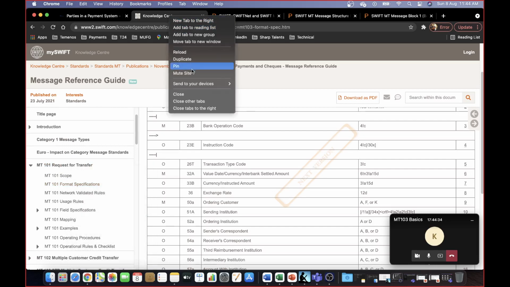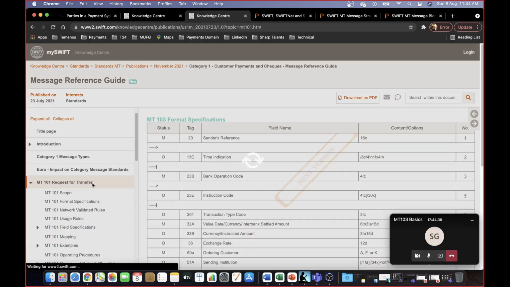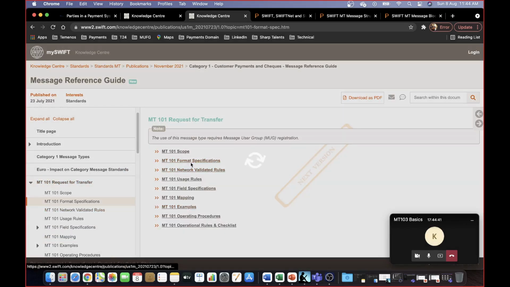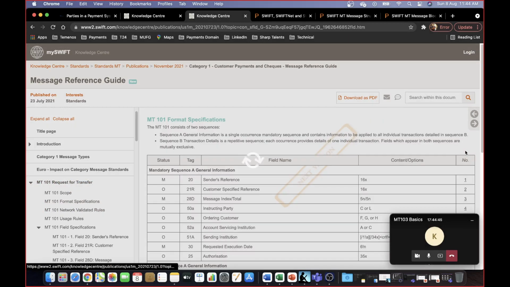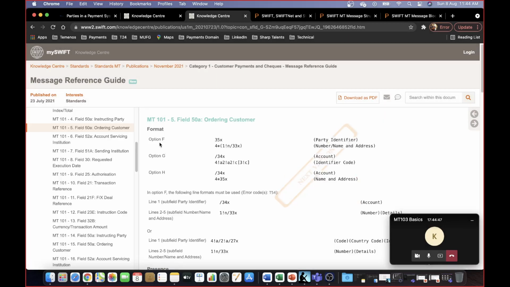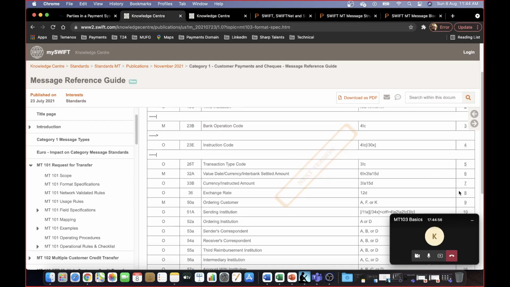I'll duplicate this tab and open the MT101 format specification. Option F will be mapped to option F in MT103, that I'm sure. The other one I need to check.